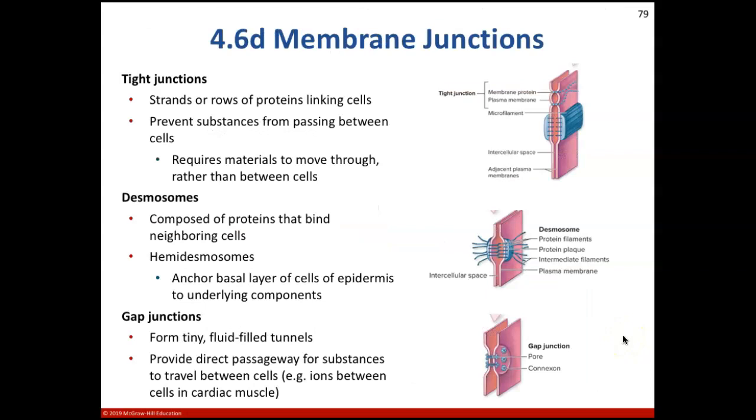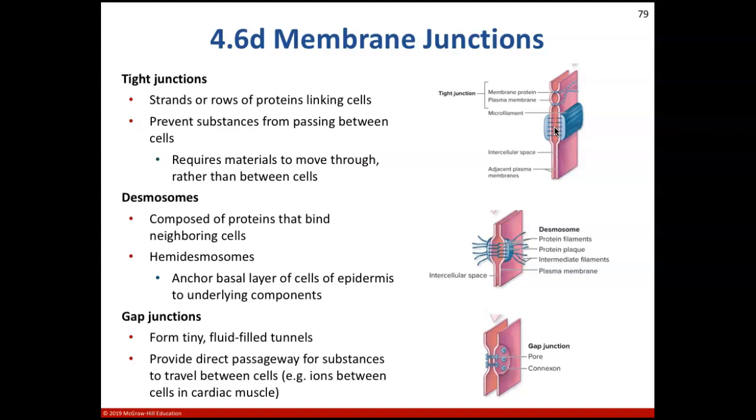Next, we're going to discuss membrane junctions, meaning areas where cells come together and make contact. First, we have our tight junction. This is when we have strands or rows of proteins that are going to link the cells together, and it prevents substances from passing between the cells.